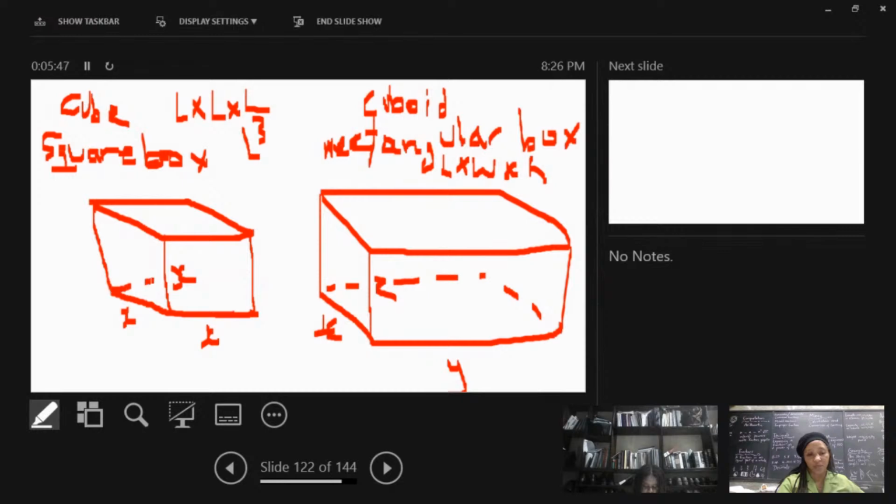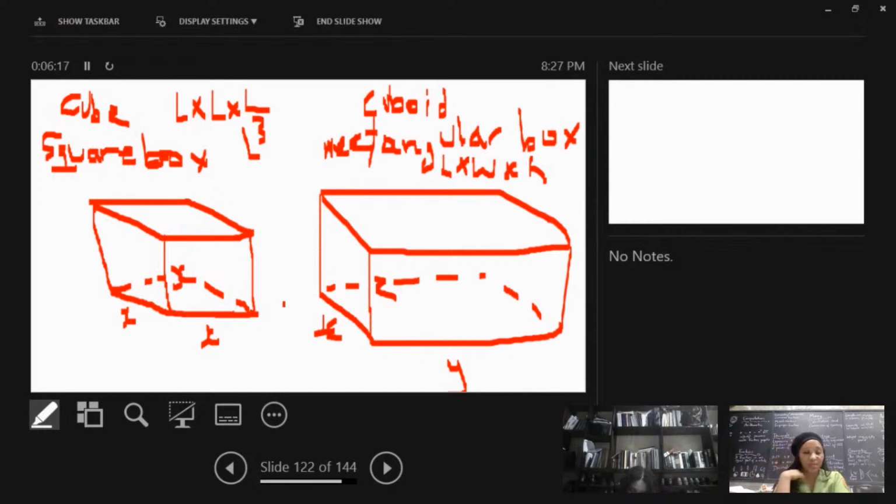So the concept, the base would be rectangular, right? And the base of the cube is square. The basic idea behind volume is it's the area of the base, whatever the base is, times the height, generally speaking, right?